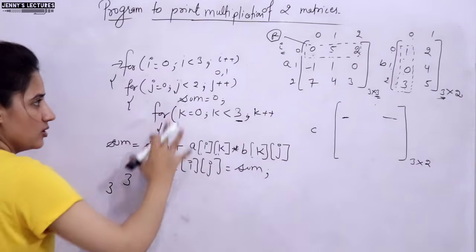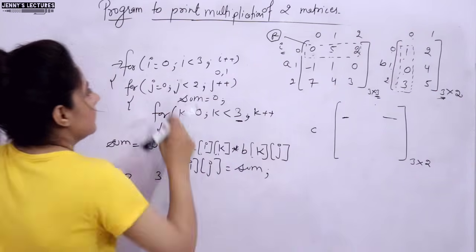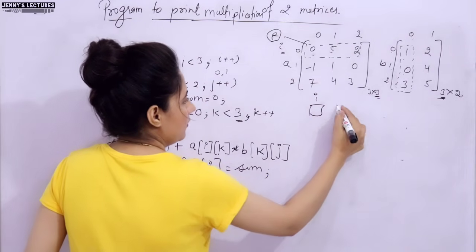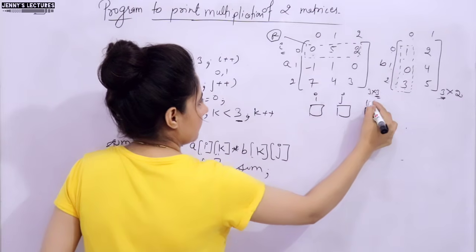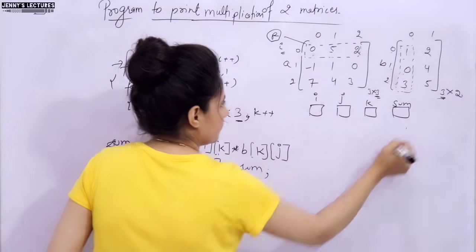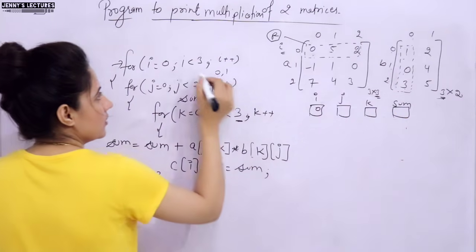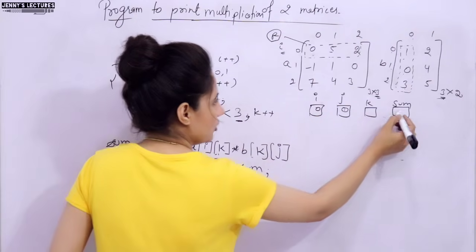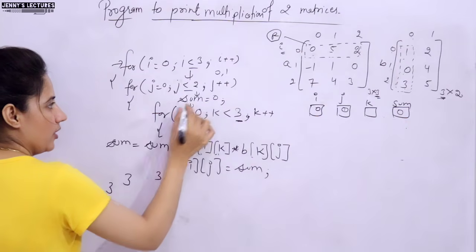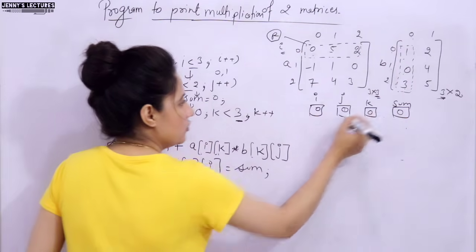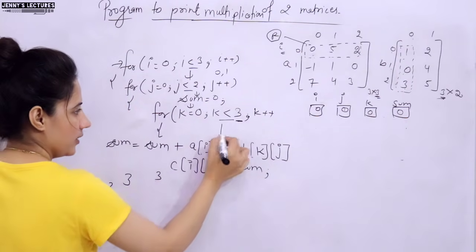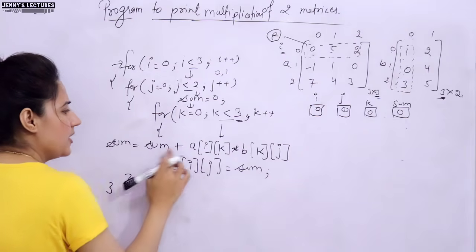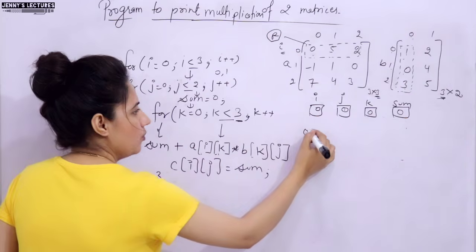So let me dry run this logic and then you will get it, right. See, we have the I variable, the j variable, as well as k, and also sum, right. So I is 0, condition true, enter, j is 0, condition true, enter. Now sum would be initialized with 0 here. Now here we have one for loop, k would be initialized with 0, condition true, enter. Now see the statement, sum is equal to sum plus this. Sum is 0 plus.